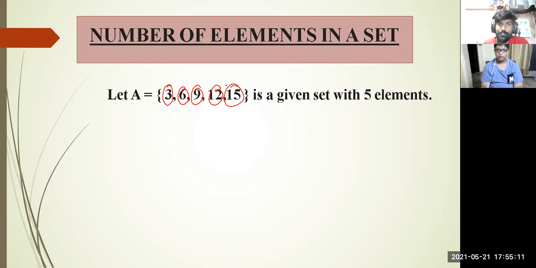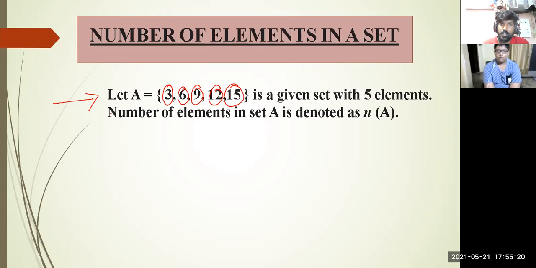So there are 5 different elements in this set. The number of elements in set A is denoted as n of A, and in this case, n of A is 5.